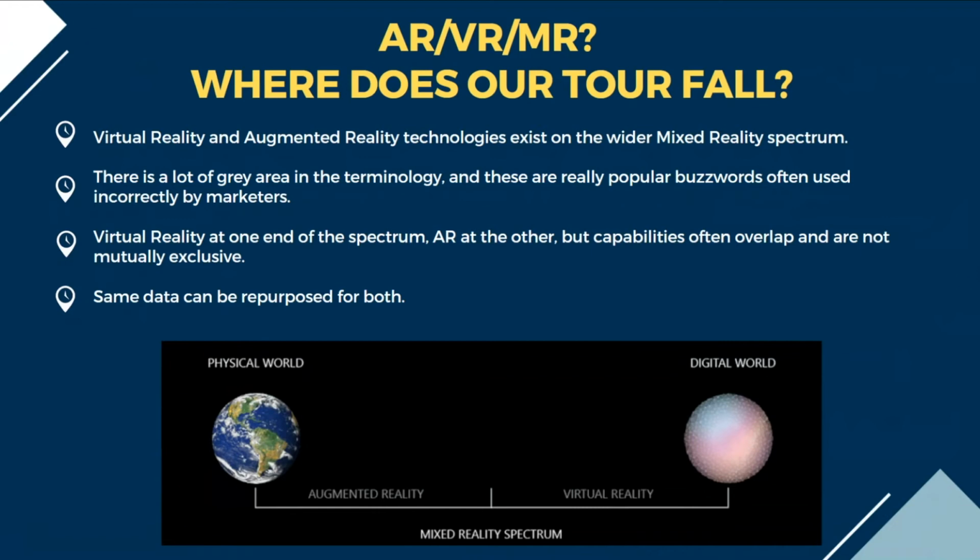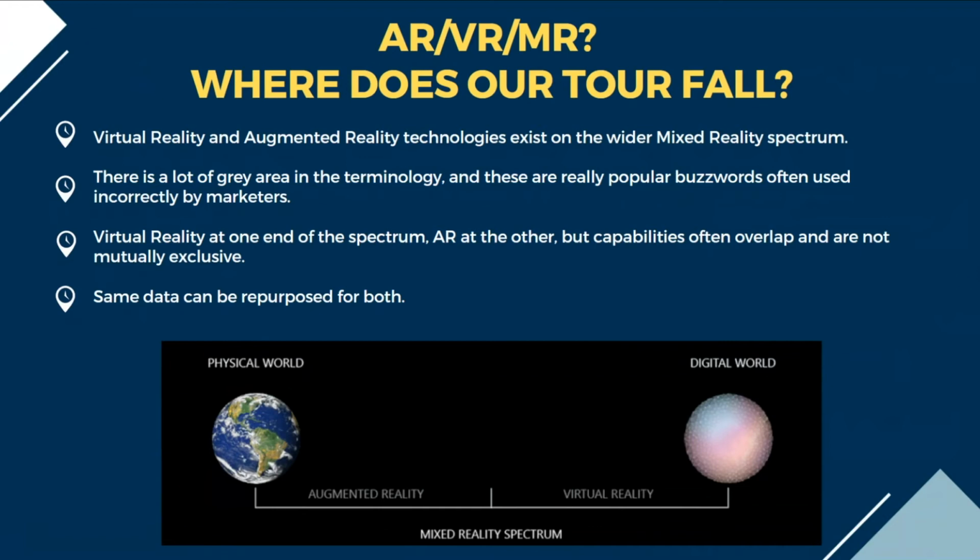But before we get into the more advanced stuff, let's just talk about AR, VR, and MR. MR is probably one you hear about less often, but it is mixed reality, and it is the umbrella term that covers both AR and VR. You can see here at the bottom the spectrum.